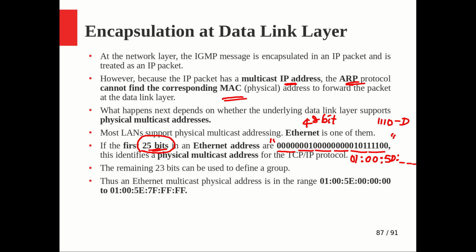Before that, this is how it looks, right? 01005D. Sorry, is it E? It goes like this: 1010 is A, 1011 is B, 1100 is C, sorry, 1101 is D, 1110 is E actually.